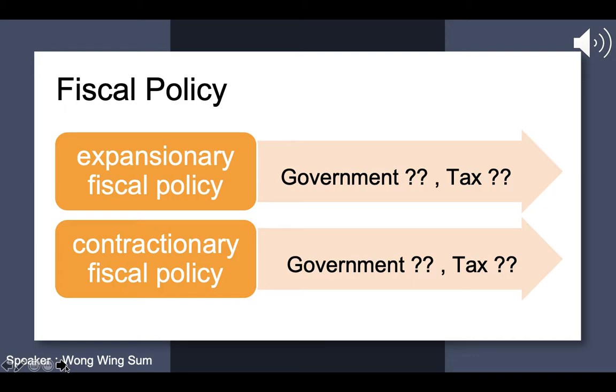Now I will tell you what fiscal policy is before we see the effect on the AD model. We can have expansionary and contractionary fiscal policy. We are going to see how these two policies change government purchases and taxes.